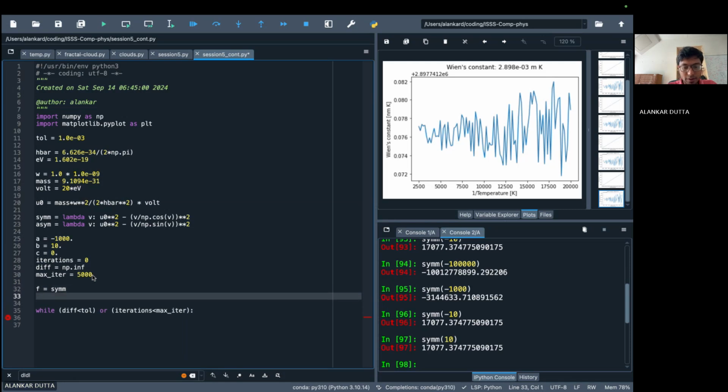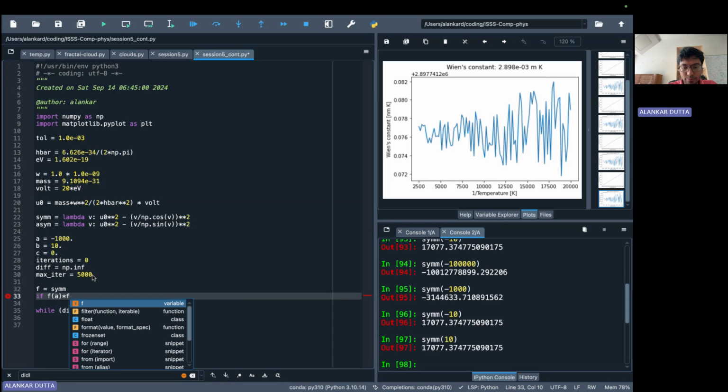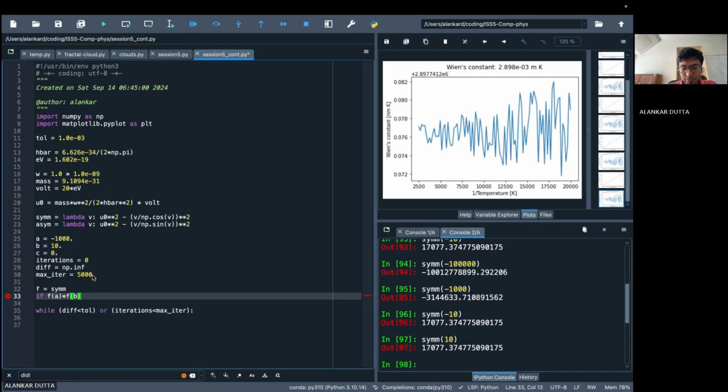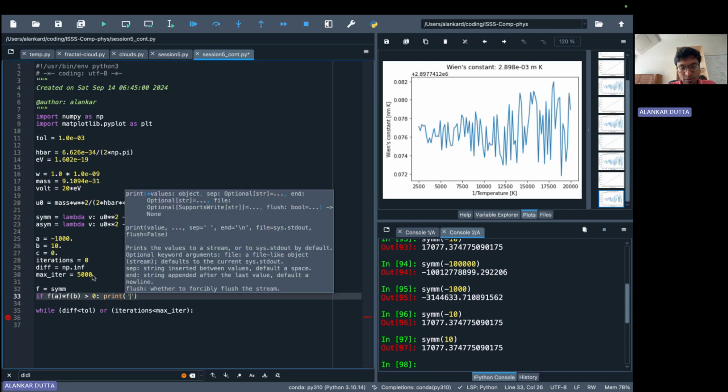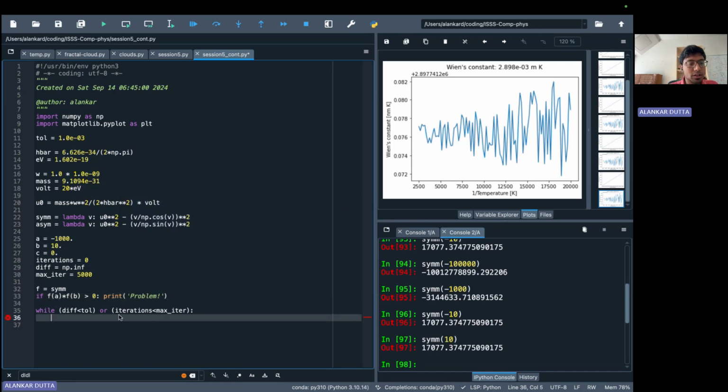And if FA times FB is greater than 0, then there will be the same sign. Then you have to print problem, which you do not want. So to start with, you want them to have different signs so that the root is contained within, and then we can use the false position method, right?